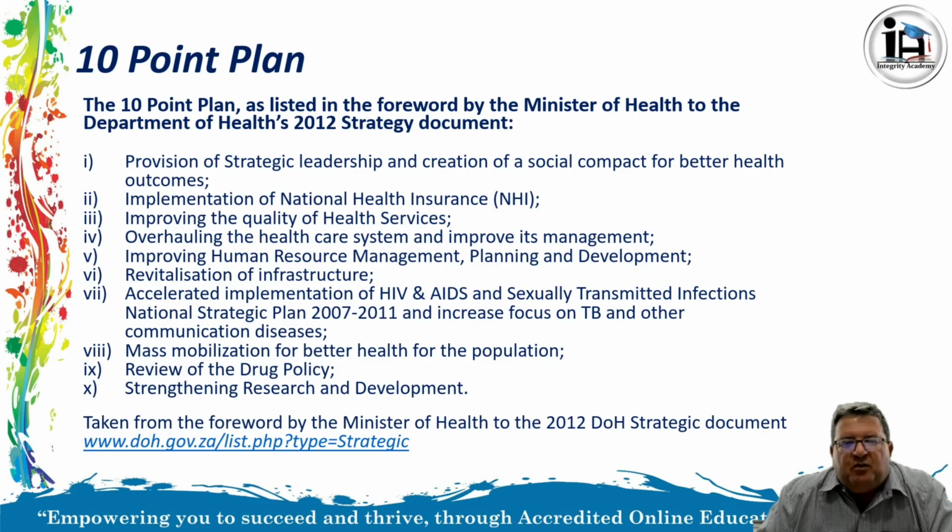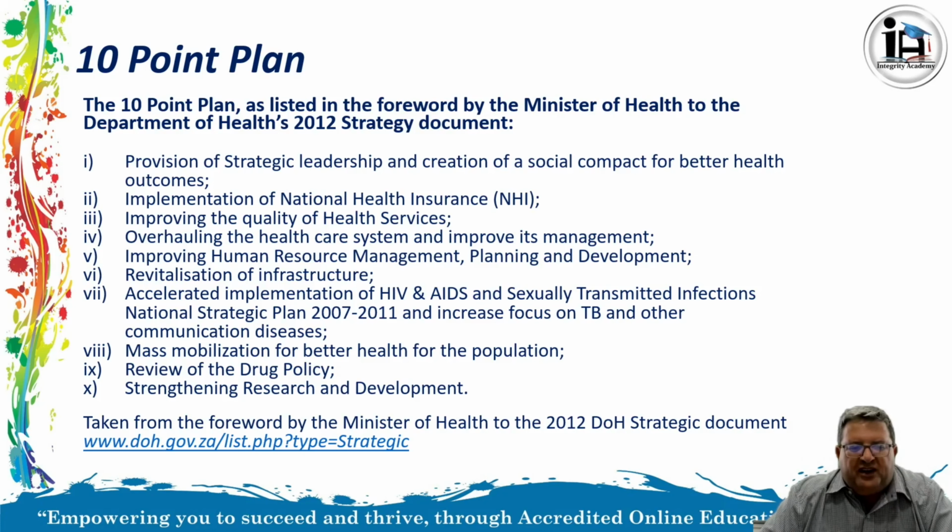So then there's a 10-point plan. The 10-point plan, as listed in the foreword of the Minister of Health to the Department of Health's 2012 strategy document, says: number 1, provision of strategic leadership and creation of a social compact for better health outcomes. Number 2, implementation of National Health Insurance, the NHI. Number 3, improving the quality of health services for the people of the country.